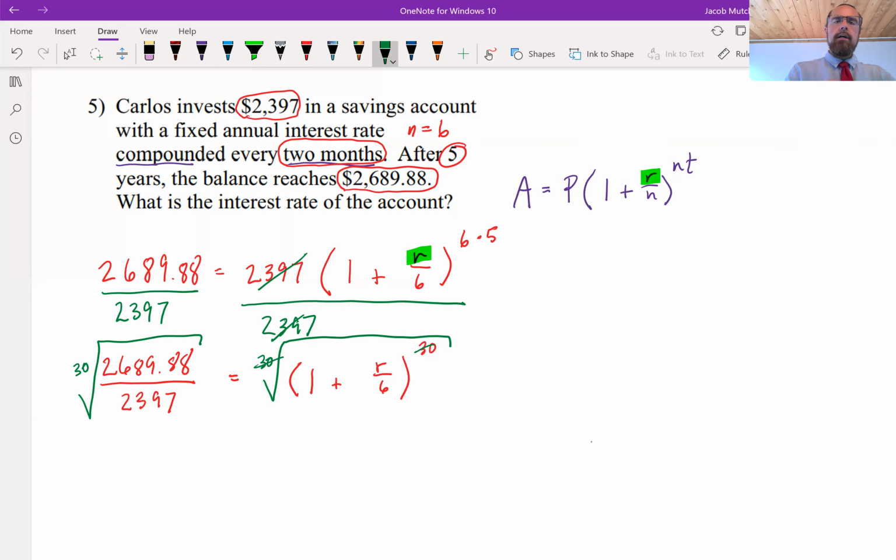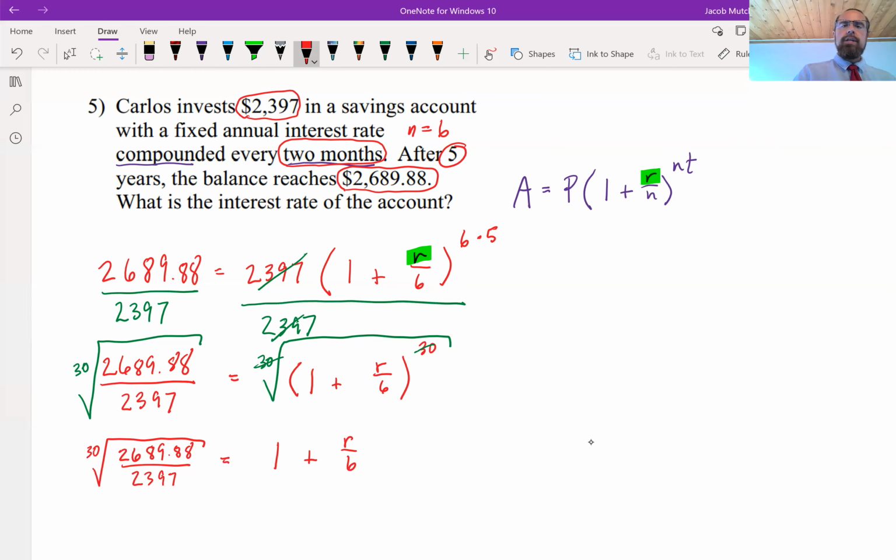And now what I've got on the left side is simply the 30th root of this quotient, $2,689.88 over $2,397. And now this base is isolated. It's now simply 1 plus the rate over 6.